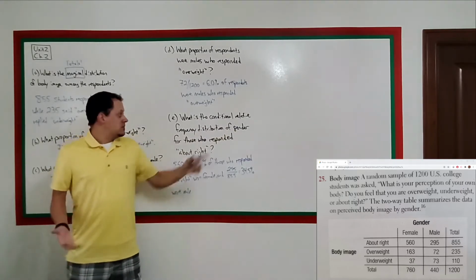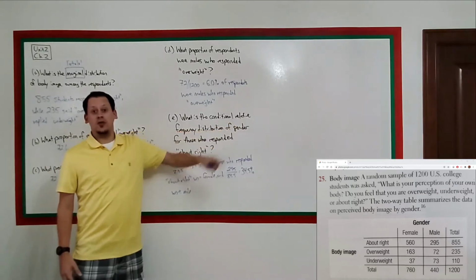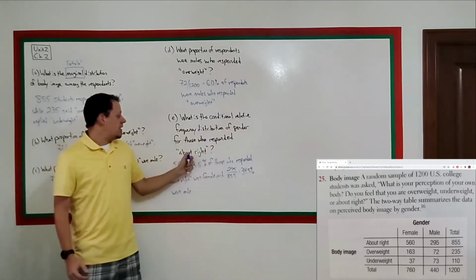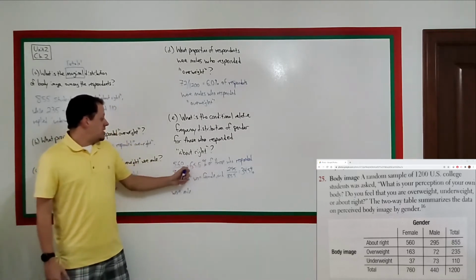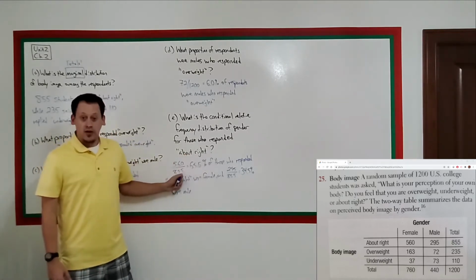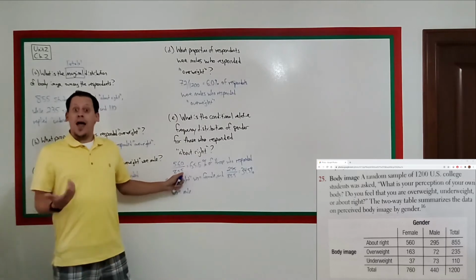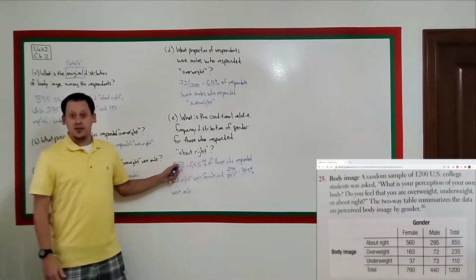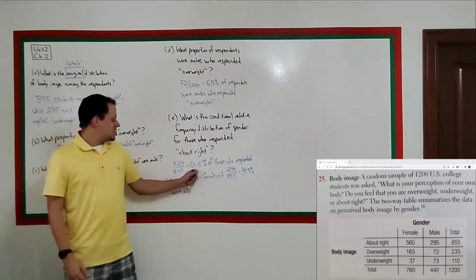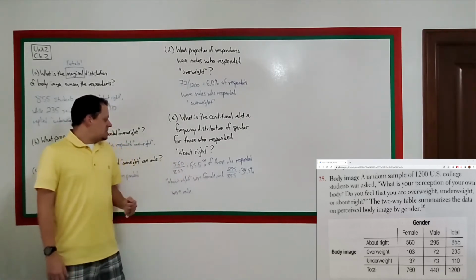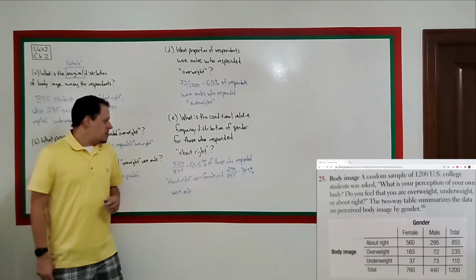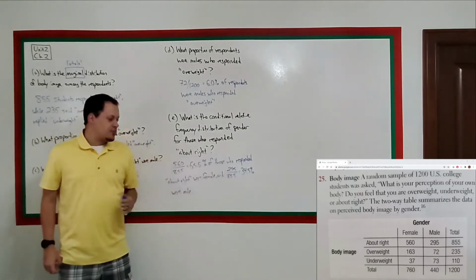Since it's a relative frequency distribution, what percent of the people who responded this way were each gender? Of the people who responded about right, which there are 855 of them, how many were female? 560. What percent is that? 65.5%. So 65.5% of those who responded about right were female. The other 34.5% were male.